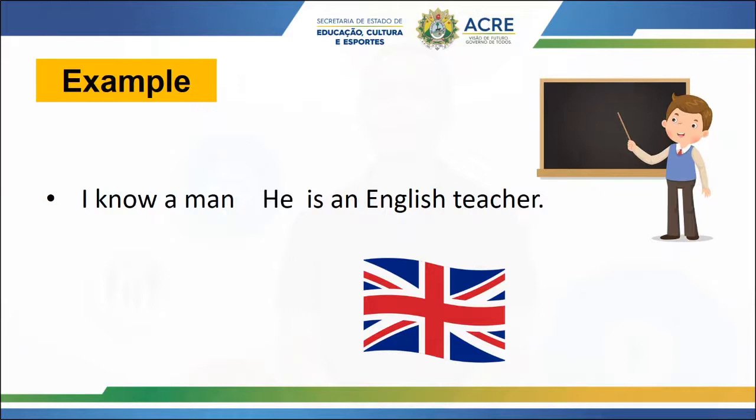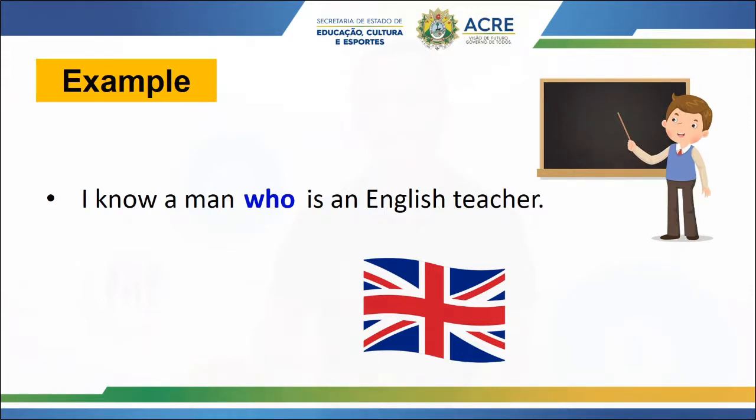We have the pronoun he, which is not necessary anymore, okay? And we have to use a relative pronoun to connect, to combine them. So, for example, I know a man who is an English teacher, right? So we used the relative pronoun who to combine these 2 sentences, all right?